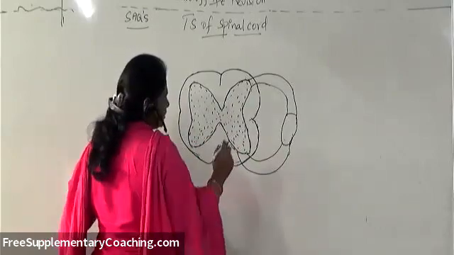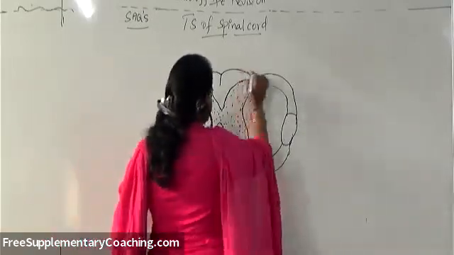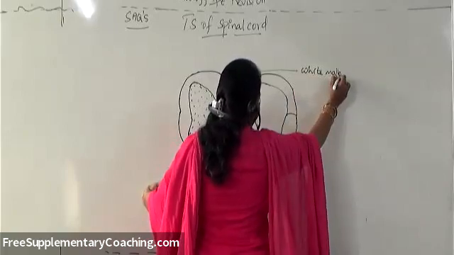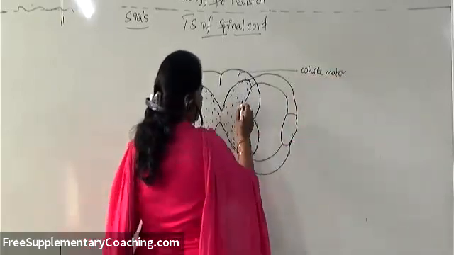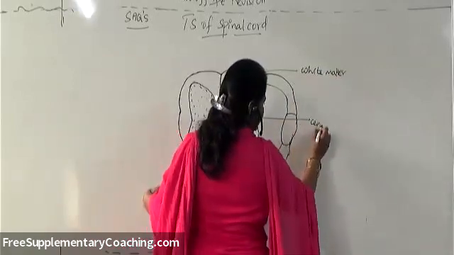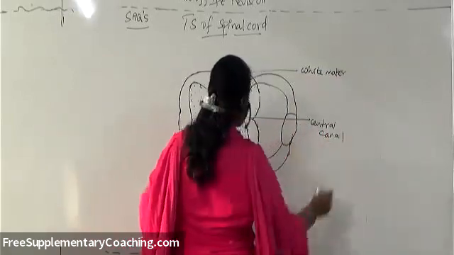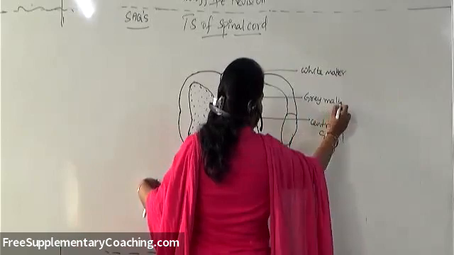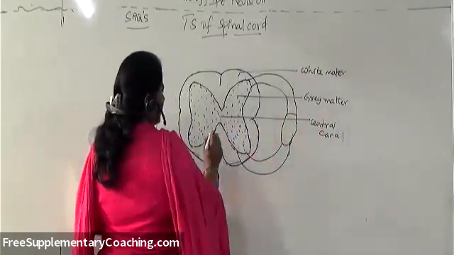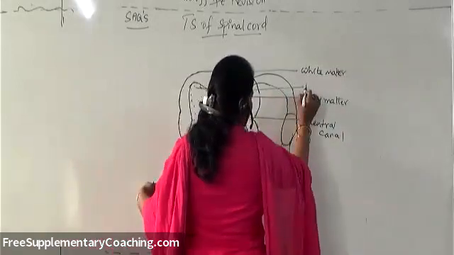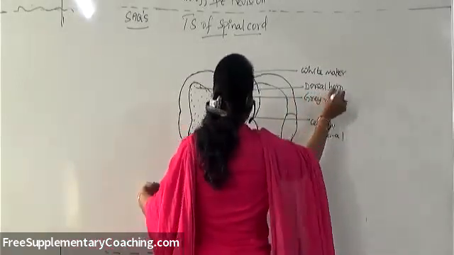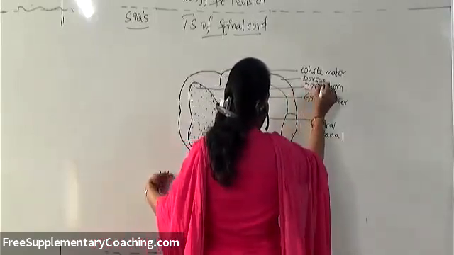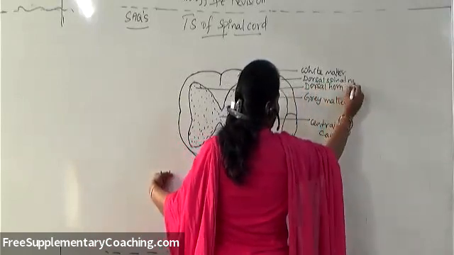So what are the parts here? This contains white matter, and this is the central canal of the spinal cord, which is butterfly shaped, and inside this, gray matter is present. This is called the dorsal horn, and the spinal nerve arising from this is called the dorsal spinal nerve or dorsal root ganglion.